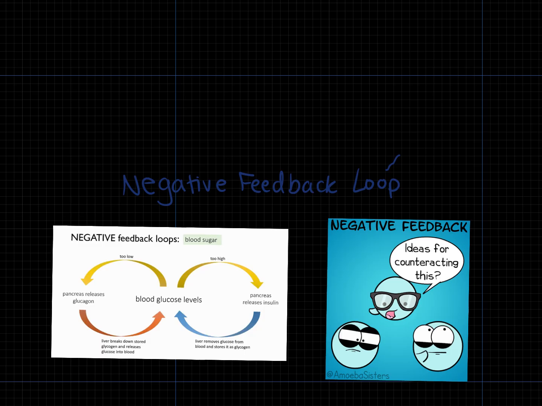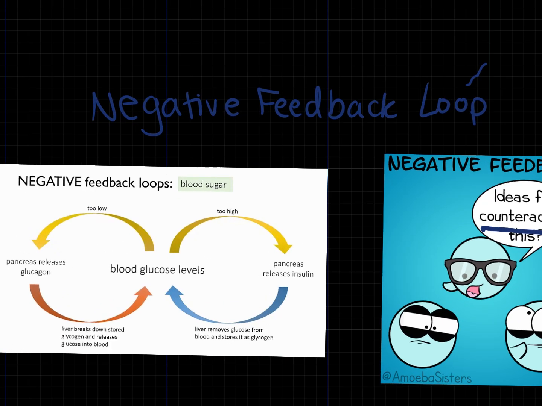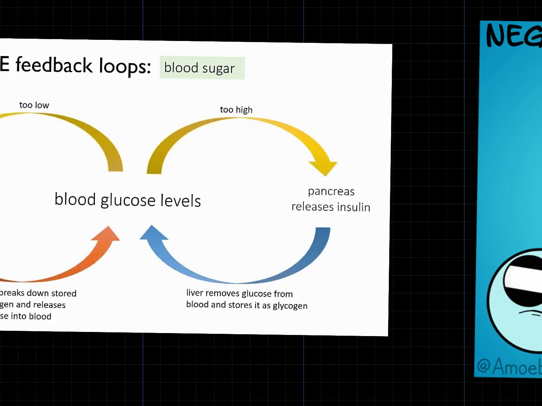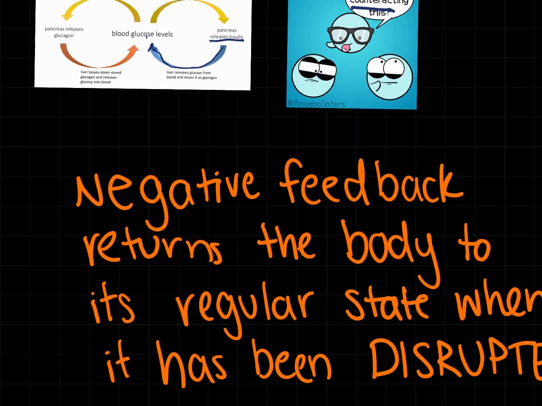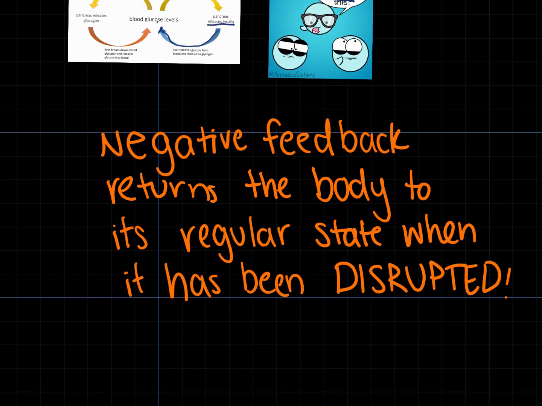So our body is taking actions to counteract that, just like it says here. Counteracting that, it's kind of self-correcting. So it shows it again here. Our blood glucose levels get too high, the pancreas releases insulin, and that returns us back to normal here. So yeah, a negative feedback loop returns the body to its regular state when that state has been disrupted.